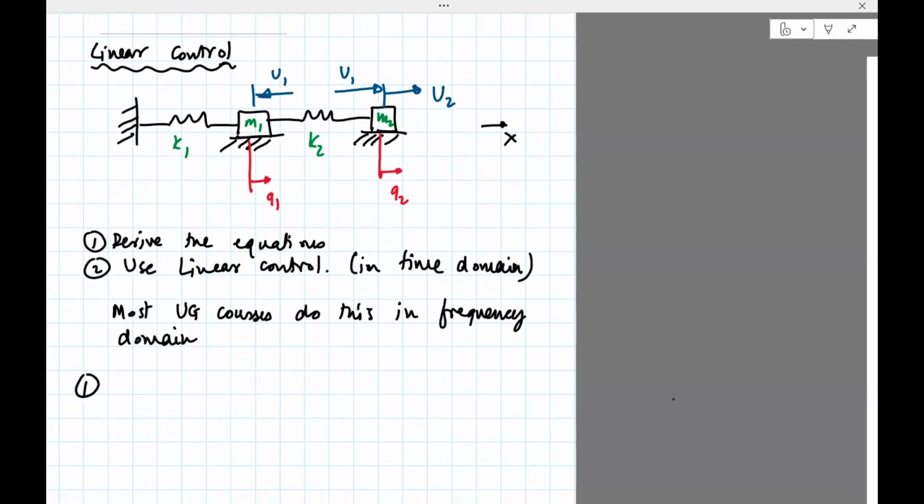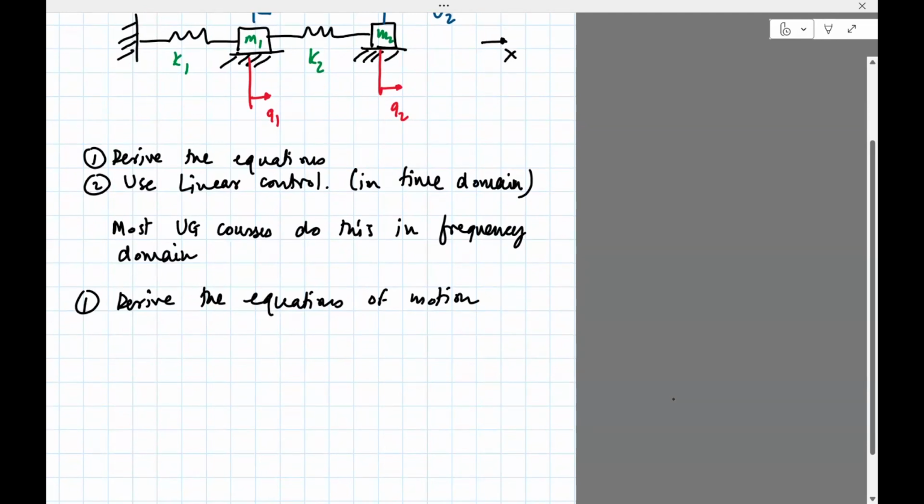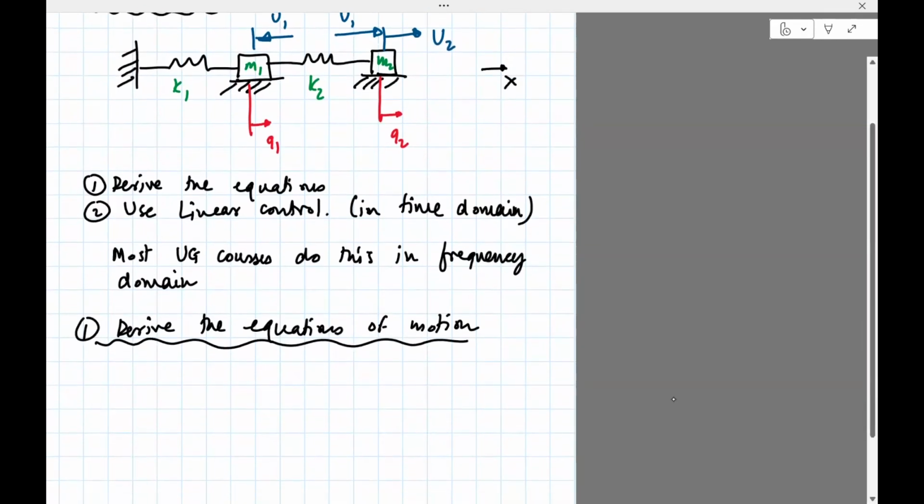So first step, derive the equations of motion. We'll use the same method as we've done in this course, which is to use the Euler-Lagrange equation. So we write the kinetic energy.